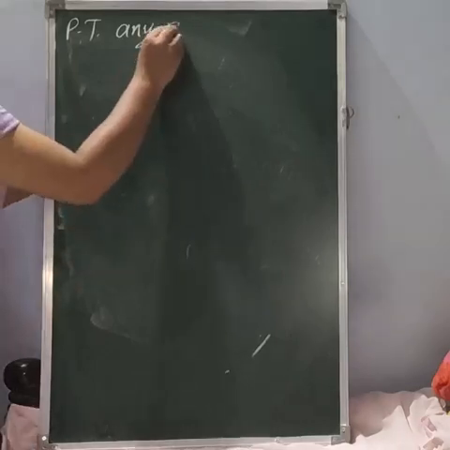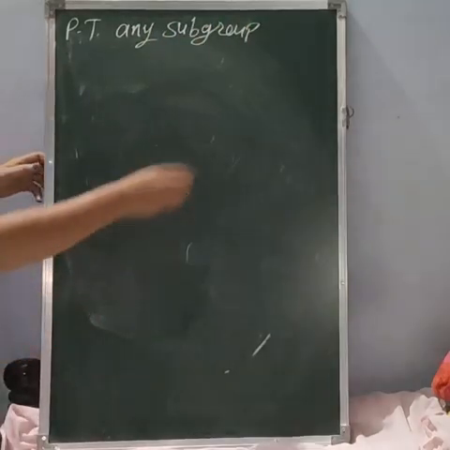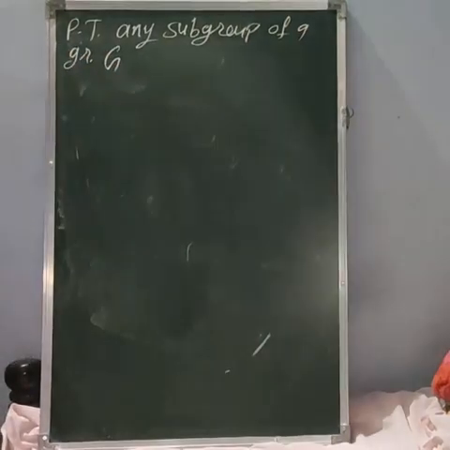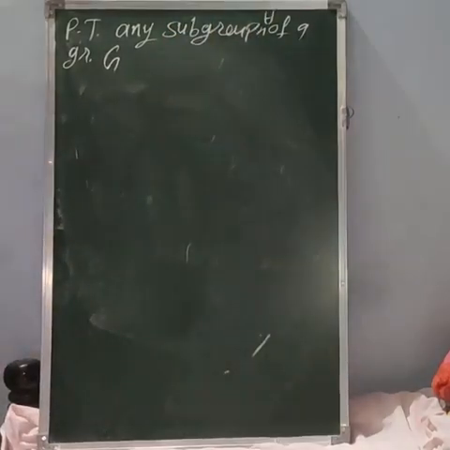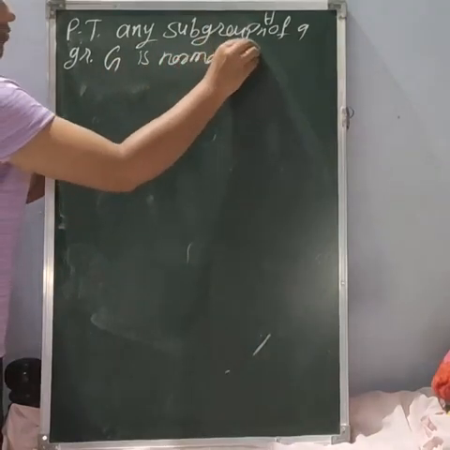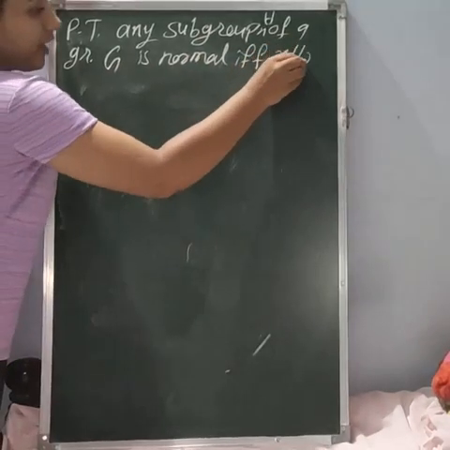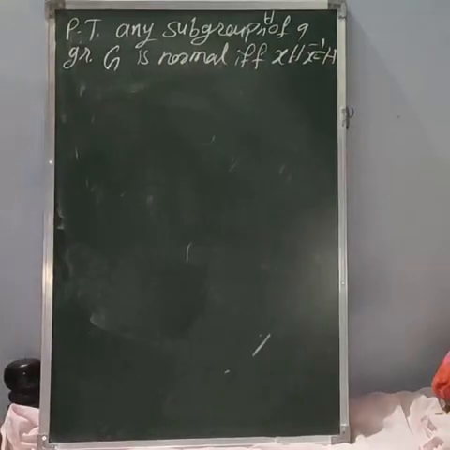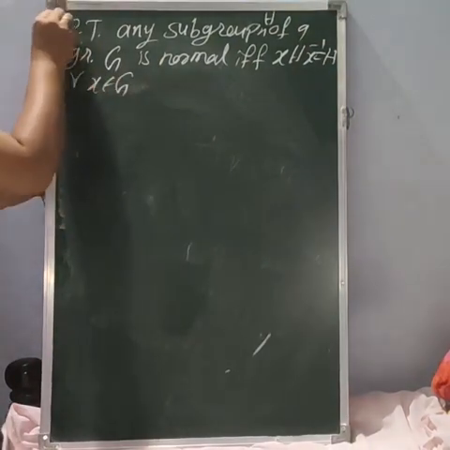Prove that any subgroup H of a group G is normal if and only if X H X inverse is equal to capital H for all X belongs to G. This is the theorem for 5 marks.